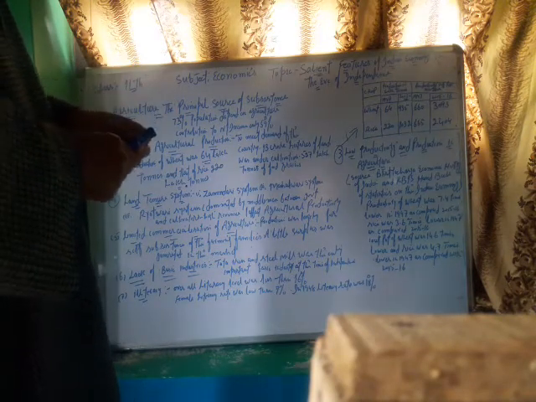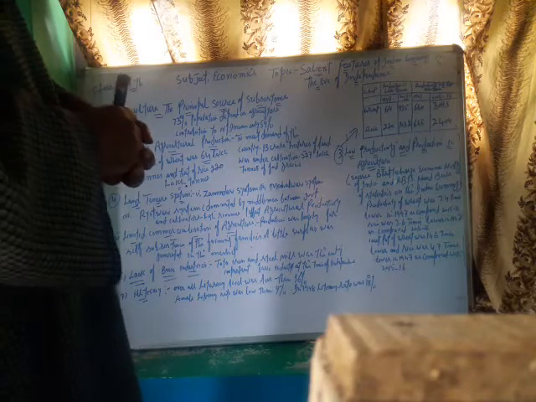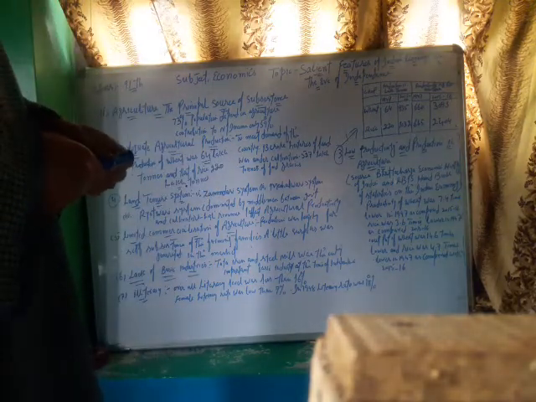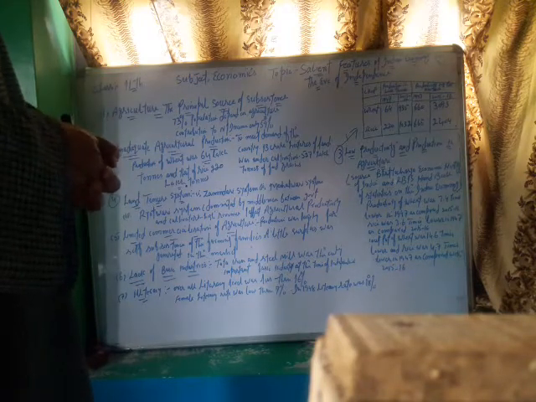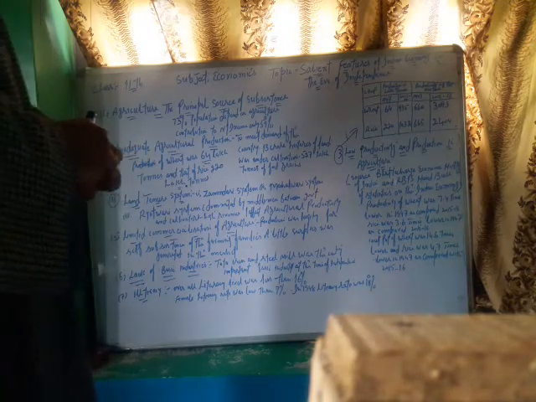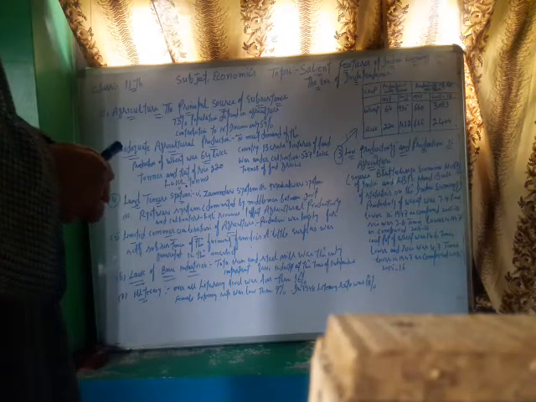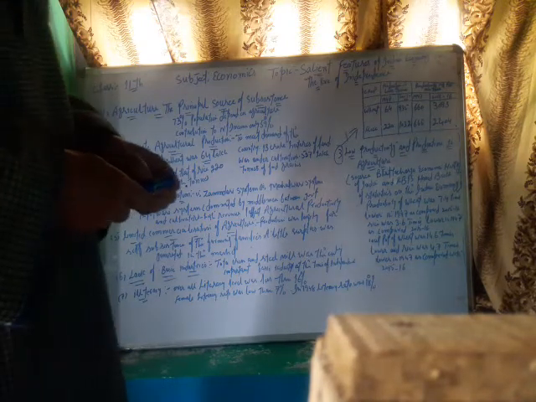Output of wheat was 14.6 times lower and output of rice was 4.7 times lower in 1947 as compared with 2015-16.